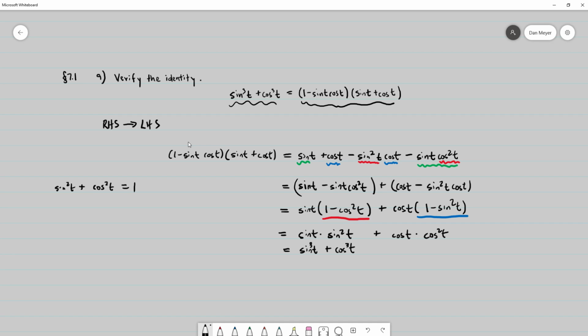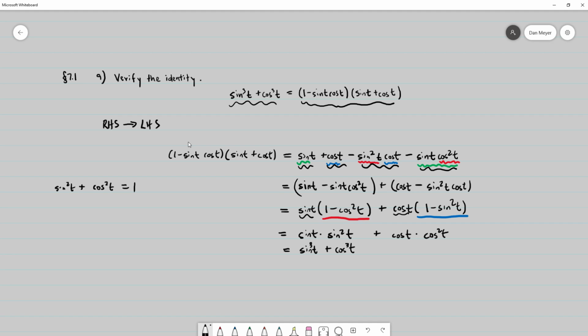Now, that required a little bit of vision in terms of identifying 2 terms that had sine t's and 2 terms that had cosine t's, so that we could get things factored out.